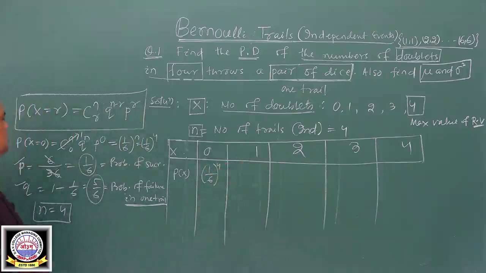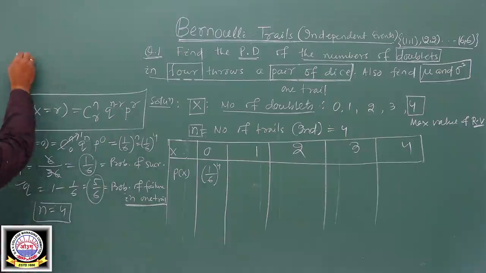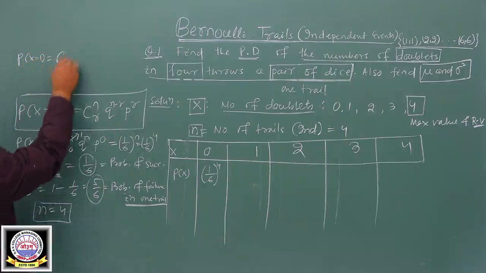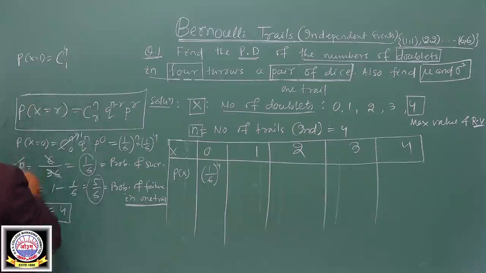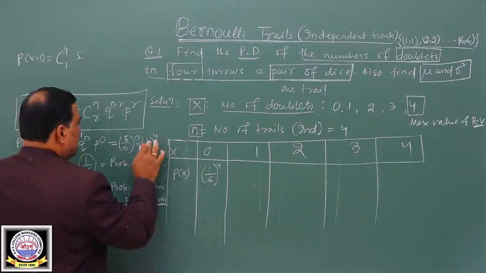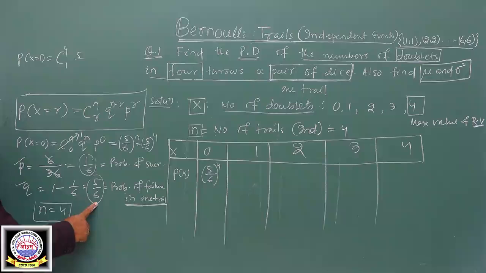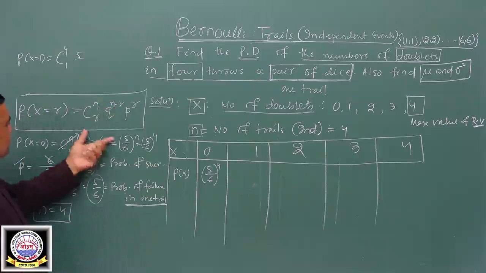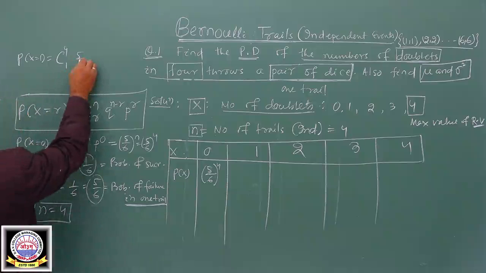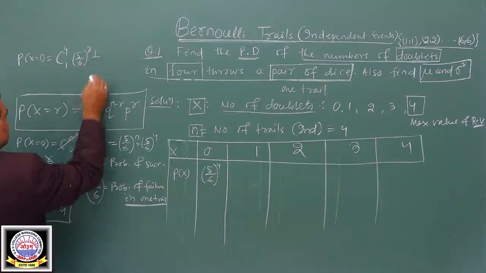Then what will the second one be? Now I go for P(x=1). Already nC1 is 4C1, and q is 5 by 6, so it is 5 by 6 to the power 3, and p is 1 by 6.